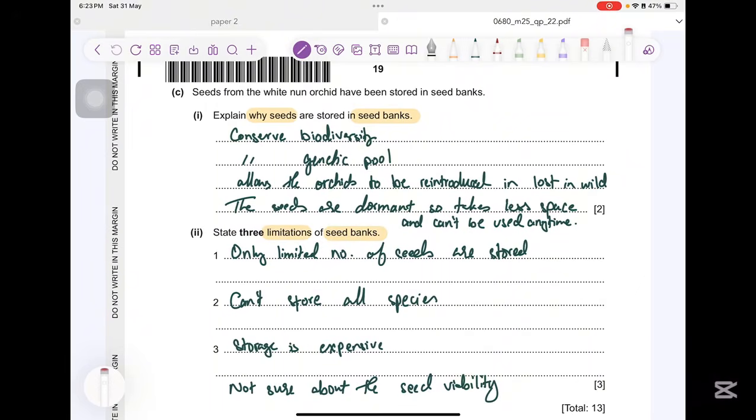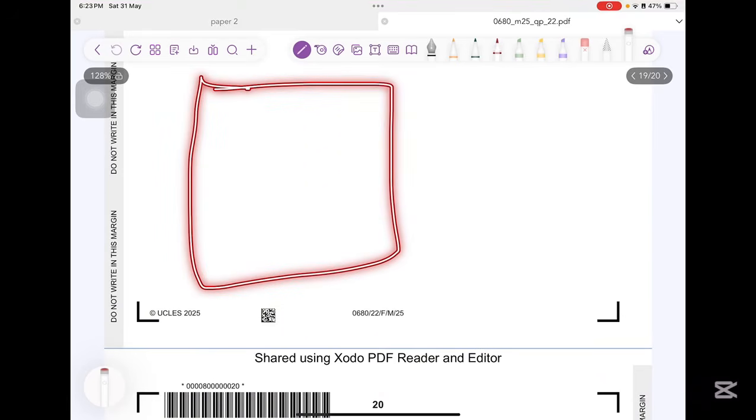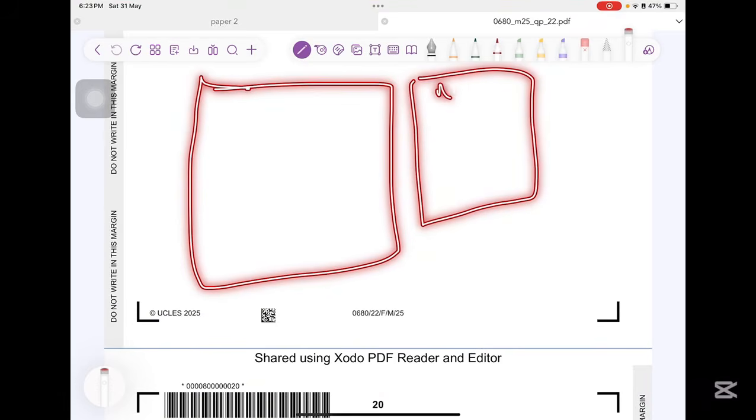If you can't find solved exams, then open the question paper on one side of the screen and the mark scheme on the other side. Read the question, take a look at the answer. I don't want you to use too much energy before the exam. I want you to use that energy and your brain cells in the exam.